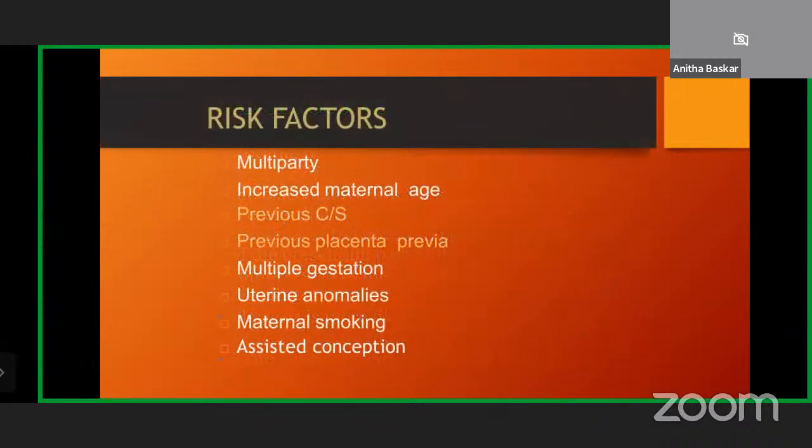What are the risk factors for placenta previa? They are multiparity, increased maternal age, previous LSCS, and previous placenta previa, which carries a tenfold recurrence, and multiple gestation.